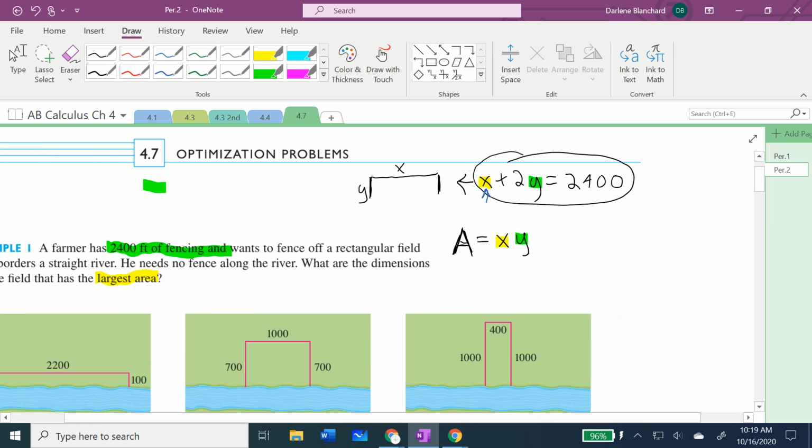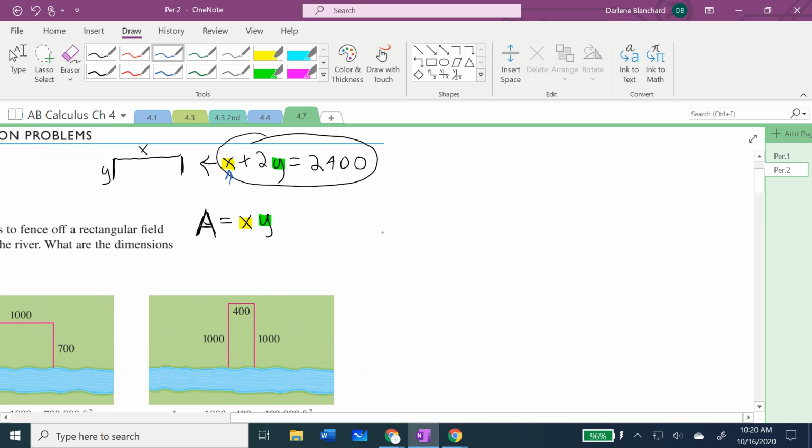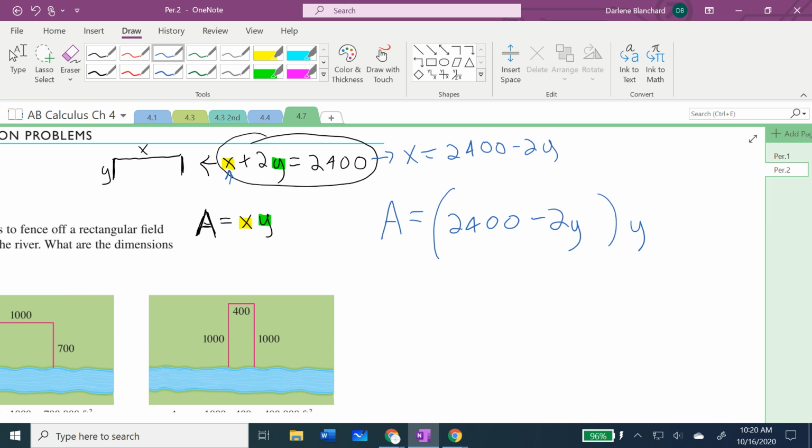That means my area formula will then be... Now I have my area formula in terms of one variable. I can take the derivative right now if I want, but I'd rather make it easier for myself and expand this.